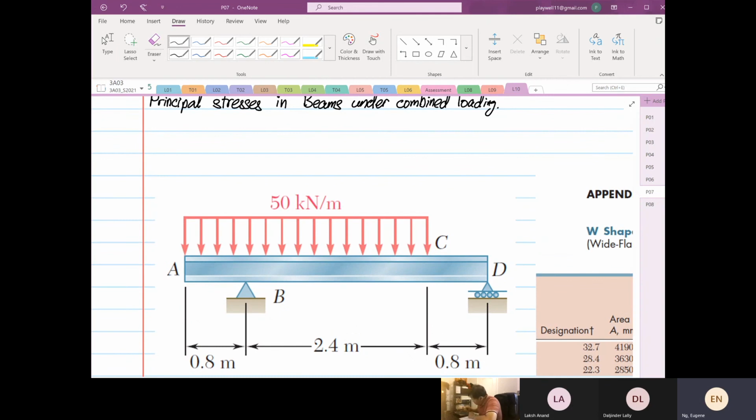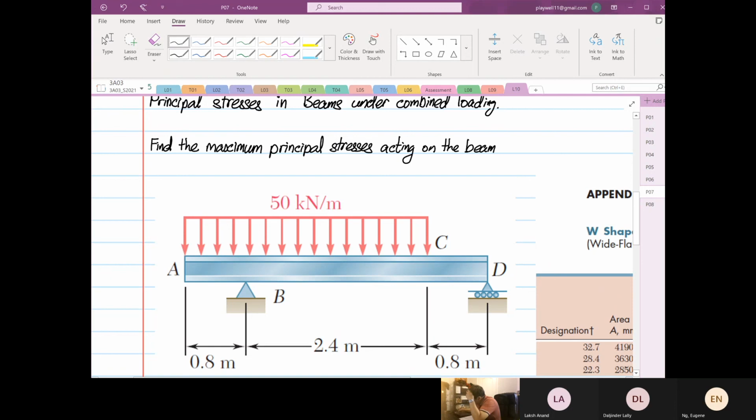So we're going to find the maximum principal stresses acting on the beam, and the section selected.